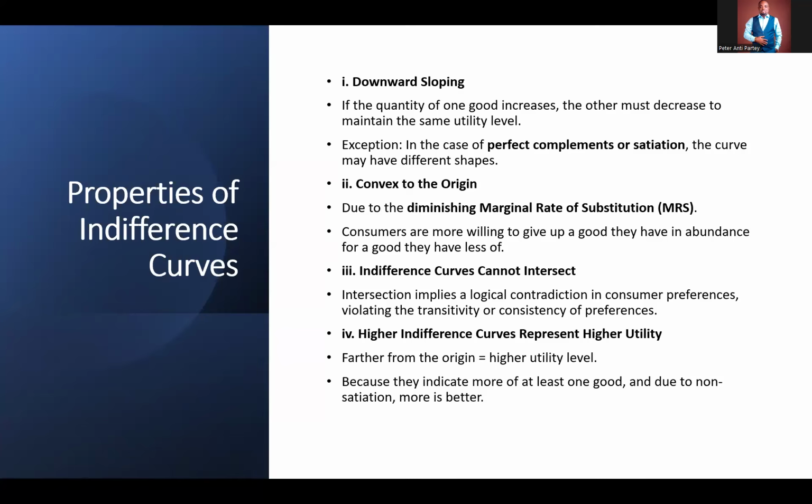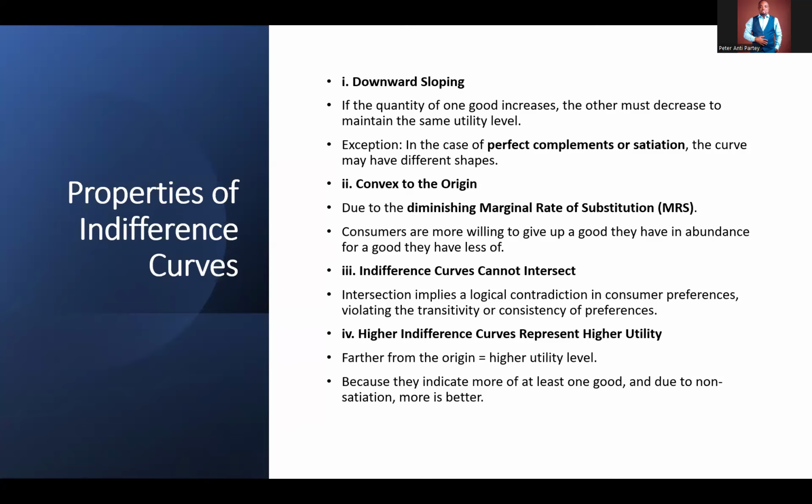The second property is that the indifference curve is convex to the origin. So you see that we draw the indifference curve and then it is shaped that way. And that is what we use to explain the diminishing marginal rate of substitution. So consumers are more willing to give up a good they have in abundance for a good they have less of.